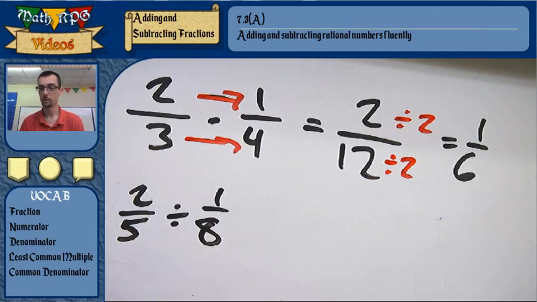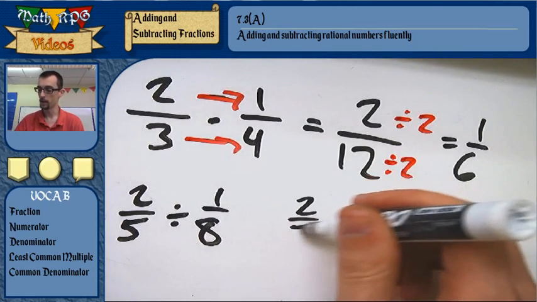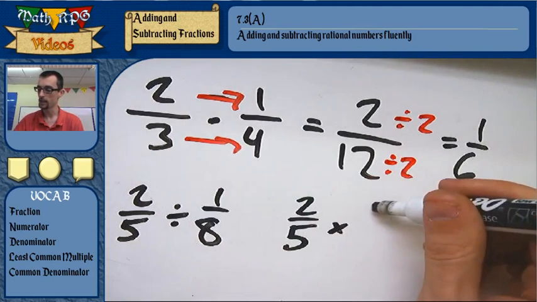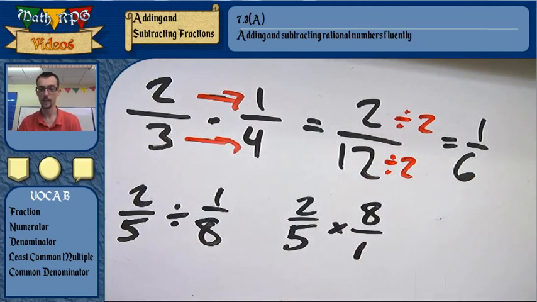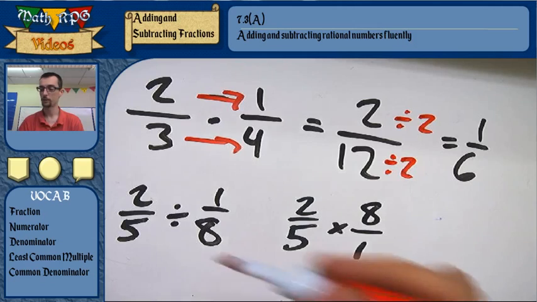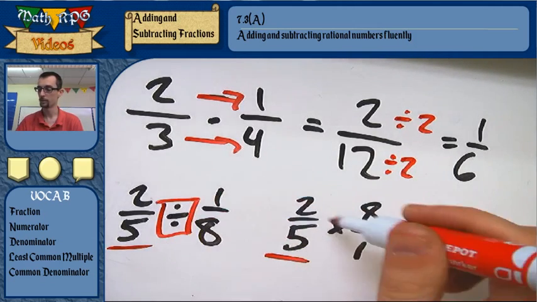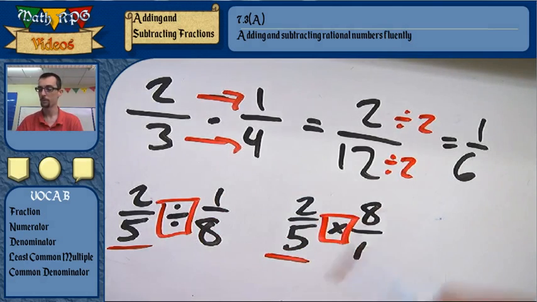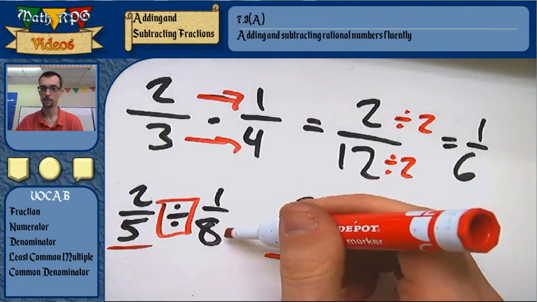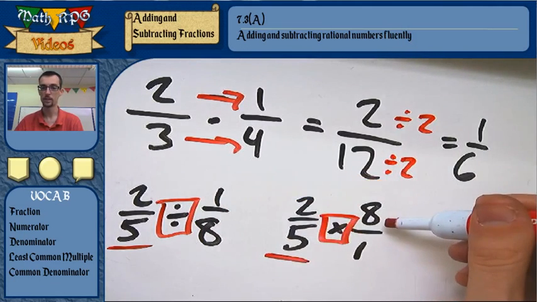So instead of doing 2/5 divided by 1/8, I change it to 2/5 times 8 over 1. So again, you keep the first fraction the same, you change the division into multiplication, and you flip your second fraction, your divisor, into its reciprocal.